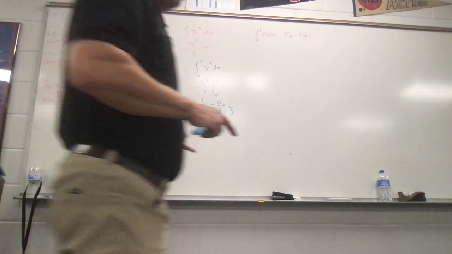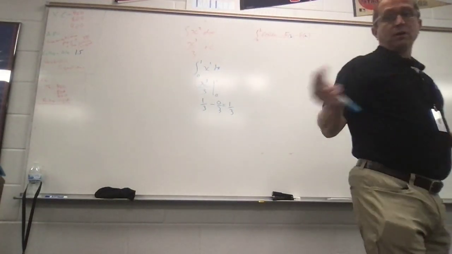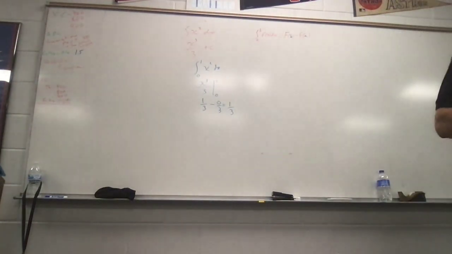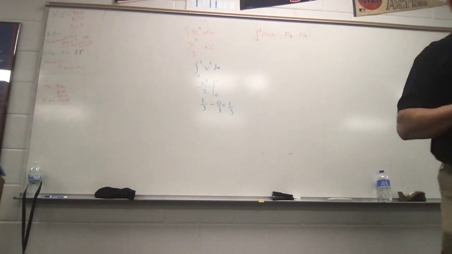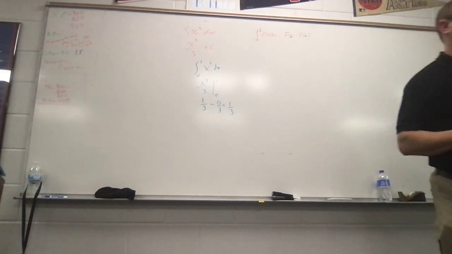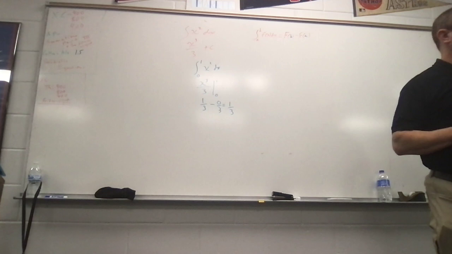We did it for the left-hand limit using infinite partitions. We did it for the right hand using infinite partitions. And what did we come up with as the answer there? 1/3.